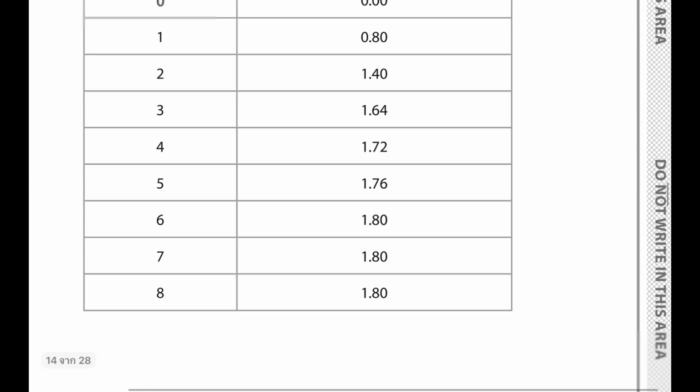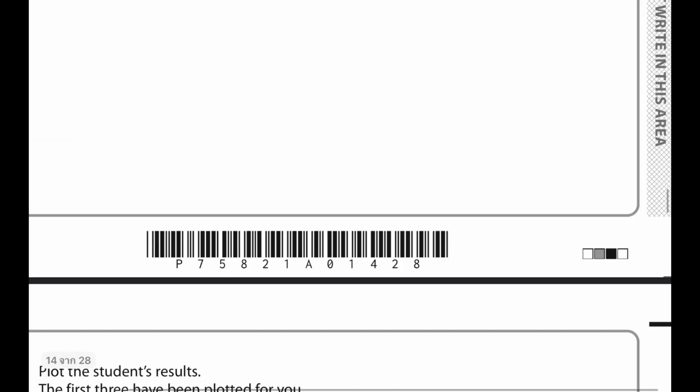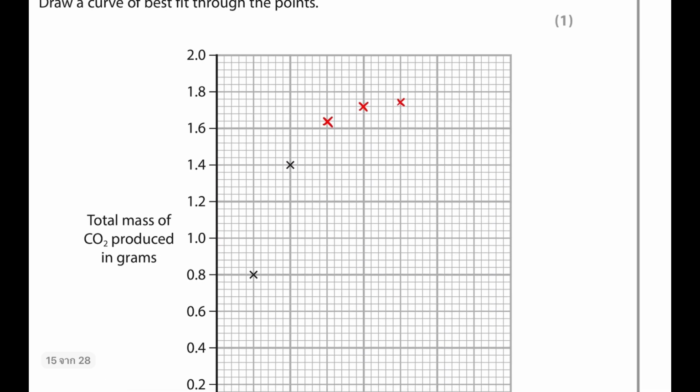Okay, and then 1.8 from 6, 7, and 8. So 1.8. That's it. Then next.